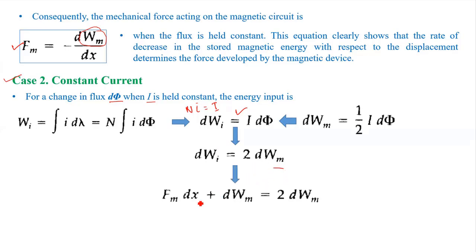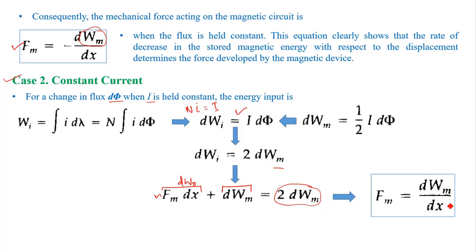Now this is your input energy dWi, and dWi is equal to dWo plus dWm. So I can write this as Fm dx plus dWm equal to twice dWm. Now just simplifying this, I can find the expression for Fm, that is the magnetic force.